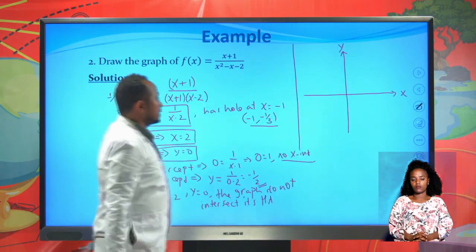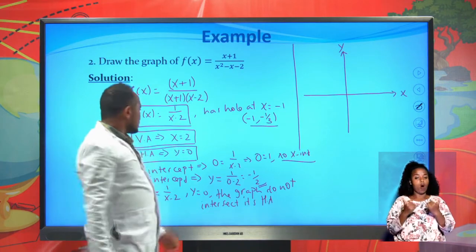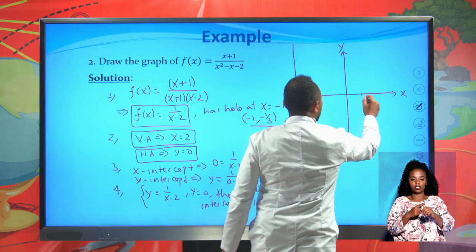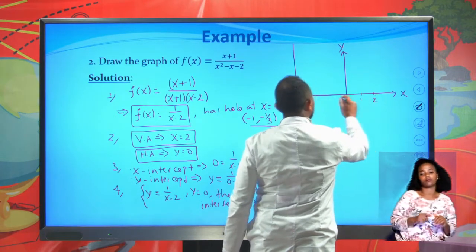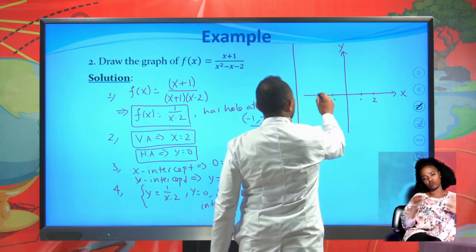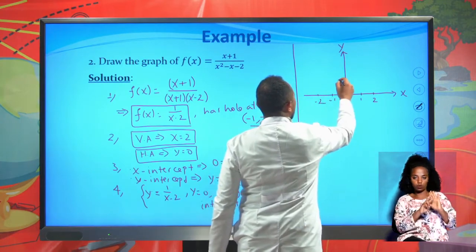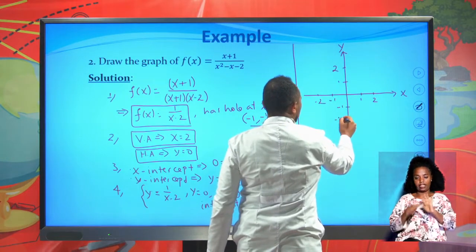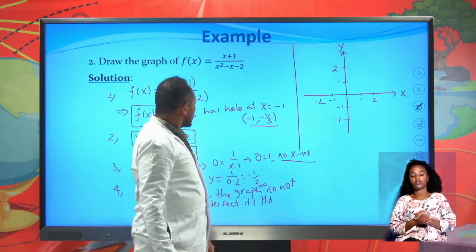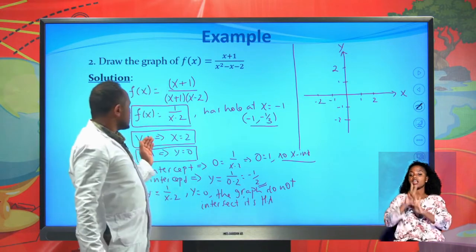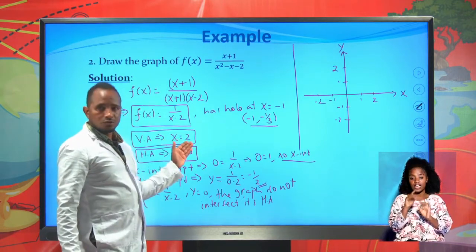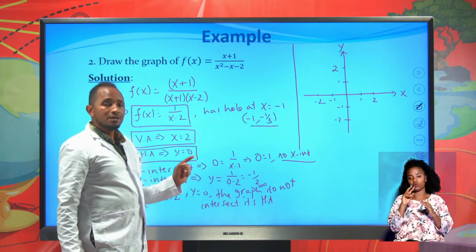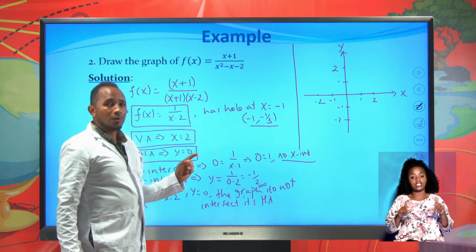Okay. Now, let's put the asymptotes first. Let's divide this to be 1, 2, negative 1, negative 2, and again here, 1, 2, negative 1, negative 2. The vertical asymptote is the vertical line x equals 2. Draw the vertical line x equals 2 with a broken line since the graph does not cross that point.